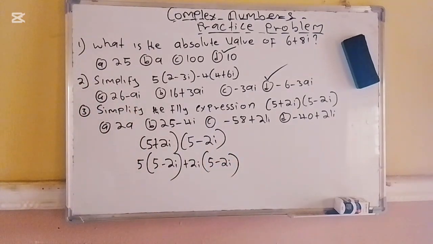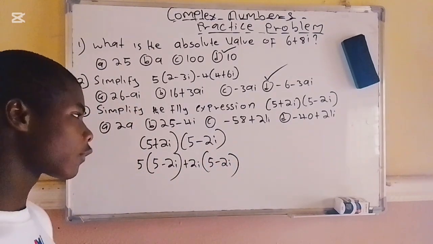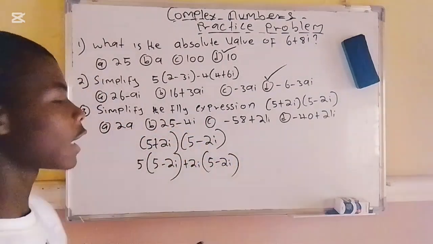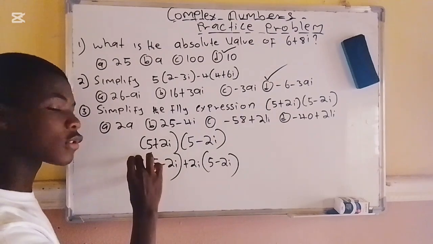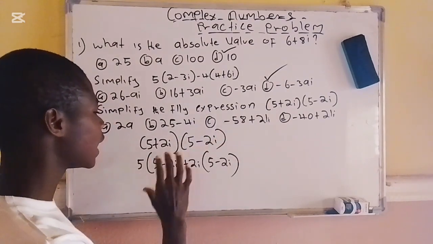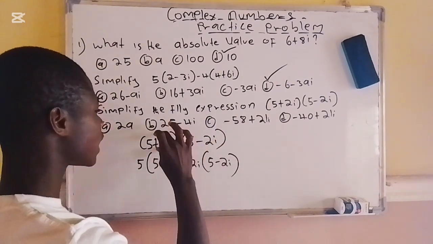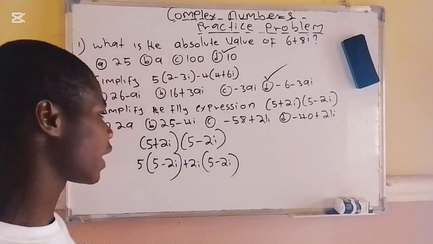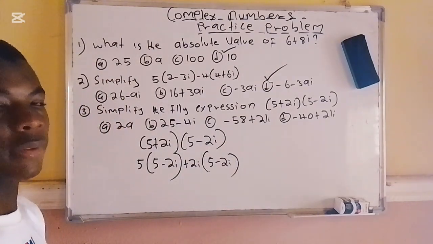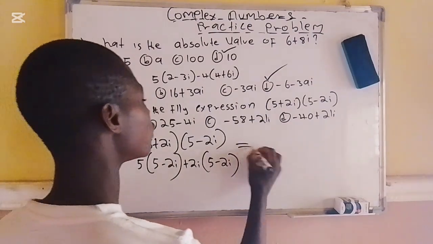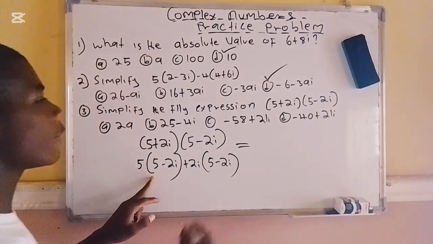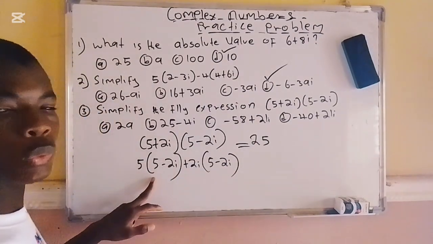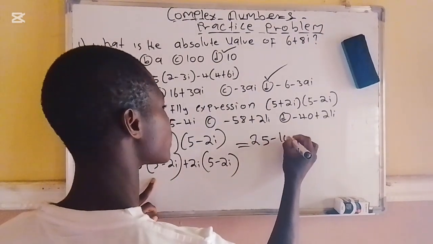The reason why I do that is that, according to the multiplication of complex numbers, you use the first bracket to multiply the second bracket. You keep the 5 as a whole number multiplied by the second bracket, and also keep the positive sign and the 2i, then multiply by the second bracket. This is how you can multiply complex numbers. So this will be equal to 5 multiplied by 5, which gives me 25. 5 multiplied by 2 is 10, therefore minus 10i.